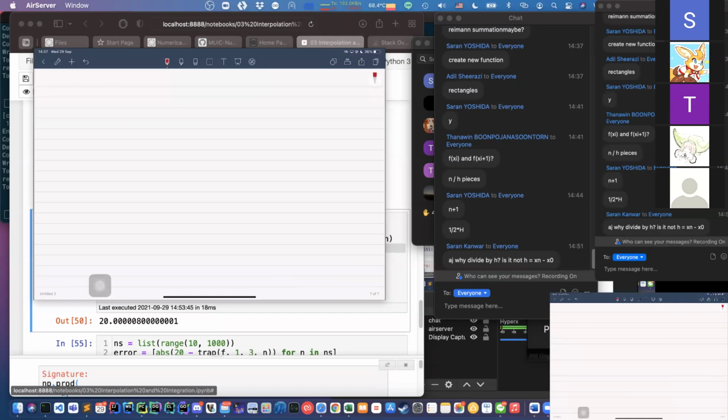So let's imagine you have only one piece, and the only thing you do is interpolate linearly, and then you integrate it. So: linear interpolation, then integrate.